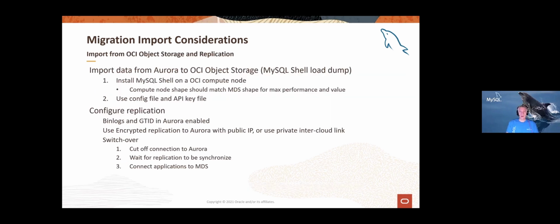I think I already mentioned the import. The import is the same reverse steps from the export. For best performance value, the shape that you use to run MySQL Shell to do the import should match the shape of your MySQL Database Service.